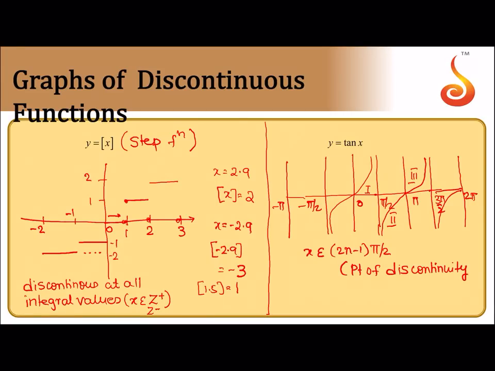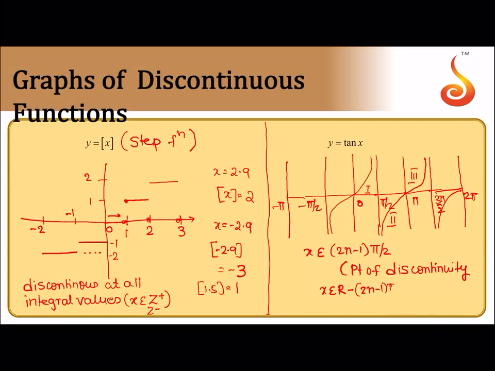These are points of discontinuity. So tan x is discontinuous at (2n minus 1) times pi by 2, not at all multiples of pi by 2. This is more specific. So the domain, you know, x belongs to real numbers.